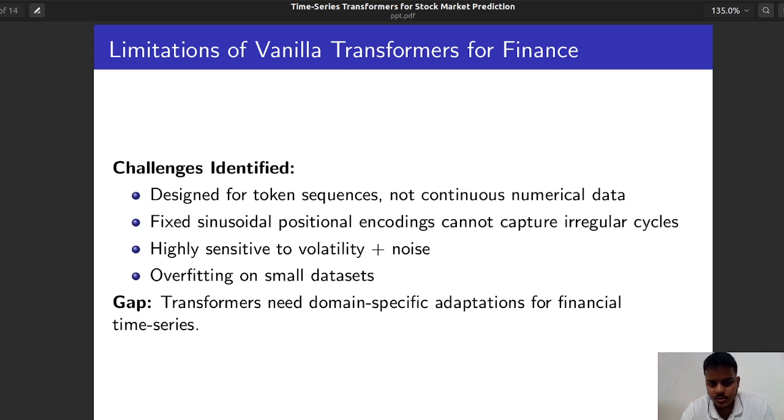But vanilla transformers cannot be directly used to model financial data. They were designed originally for discrete tokens, use fixed positional encodings, and are highly sensitive to volatility and noise.